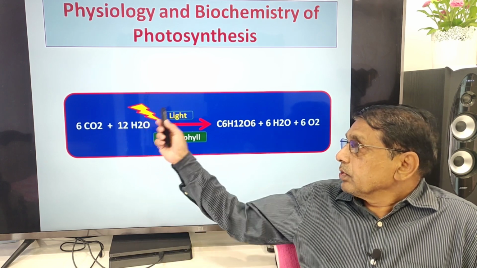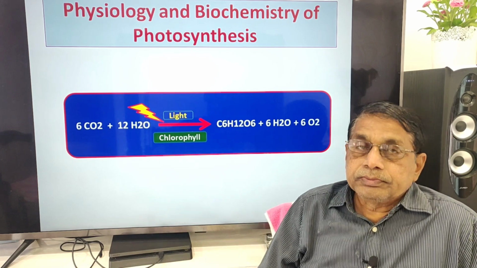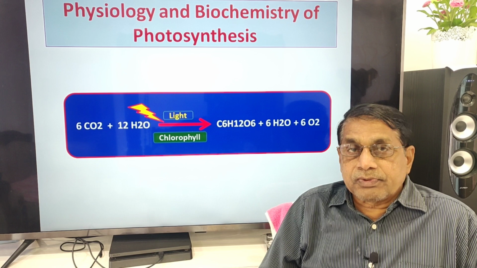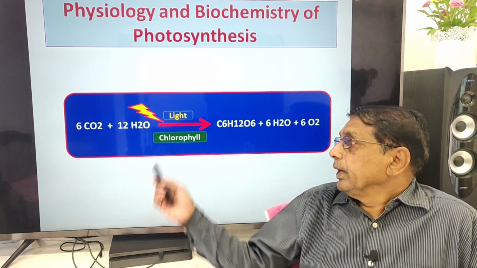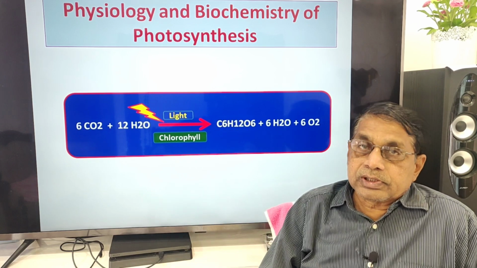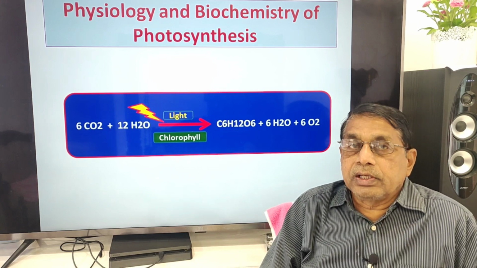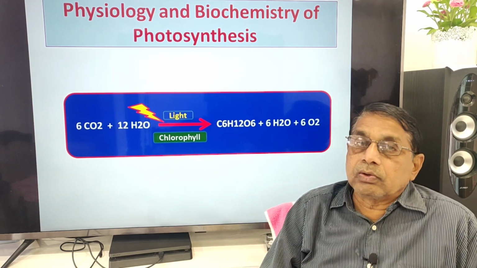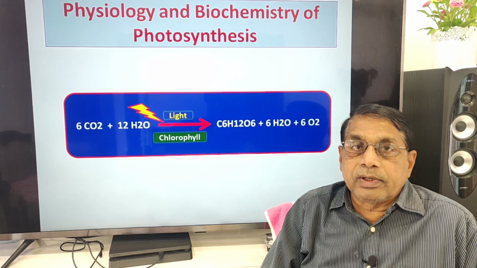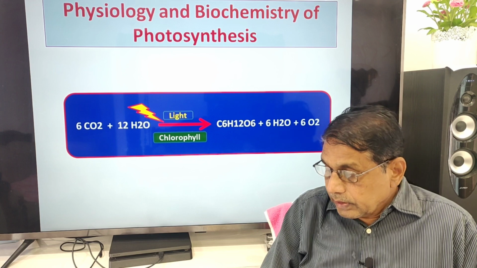The requirements are light energy, electromagnetic radiation that comes from the sunlight, and these reactions take place in the presence of chlorophyll. The chlorophyll is very essential. It is almost a platform for all photosynthetic reactions.